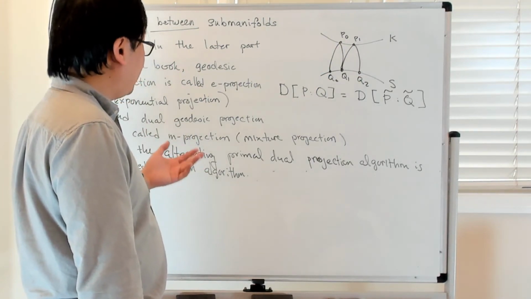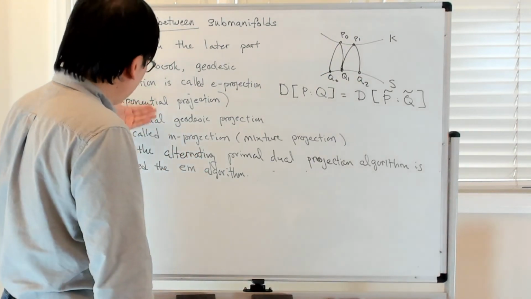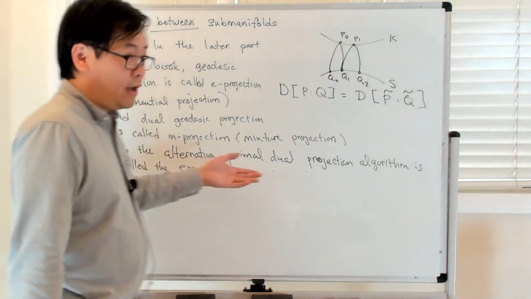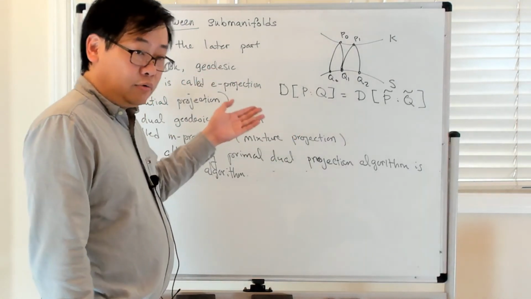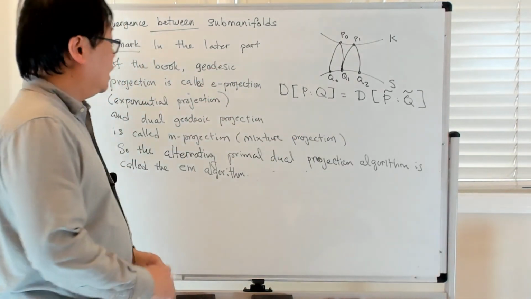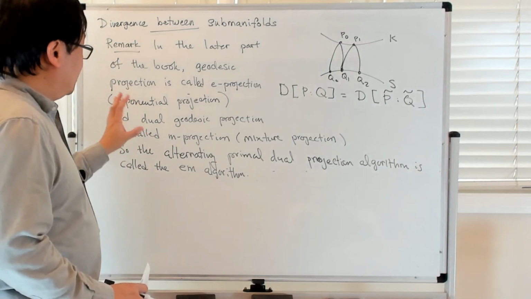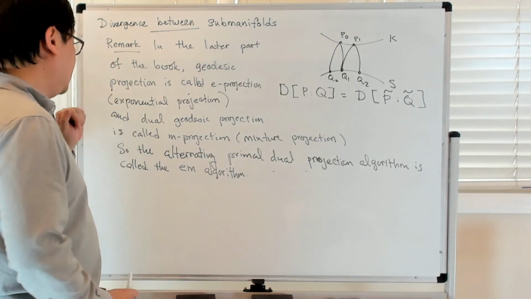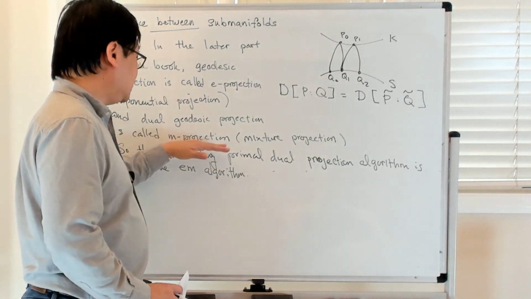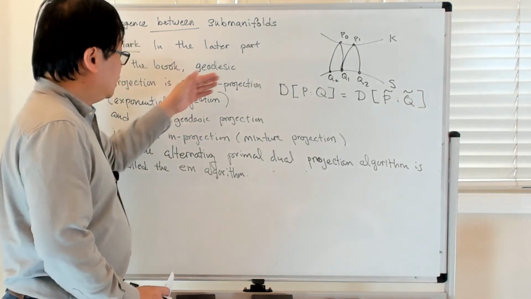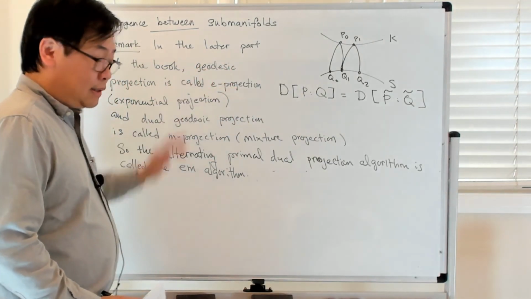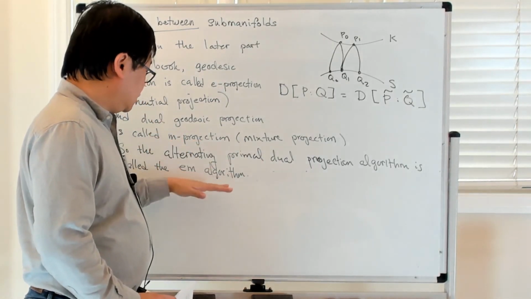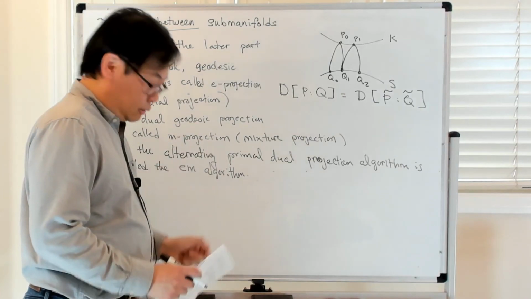And because these families of probability measures, the exponential family and the mixture families, are related in a very natural way through the duality we've been discussing, the geodesic projection is referred to as the E projection, and the dual geodesic projection is referred to as the M projection. These spaces are dual. There's a duality between these two projections, and this alternating primal dual projection algorithm is called the EM algorithm. All right, so let me just stop here for now.